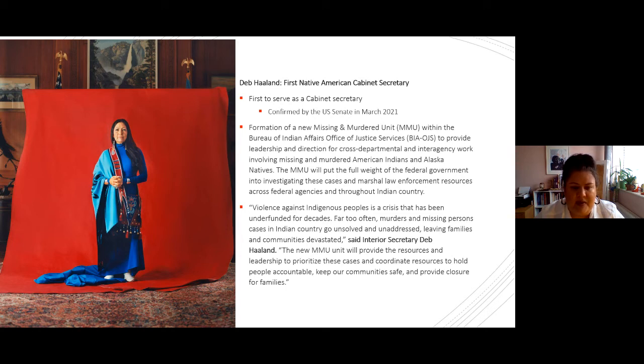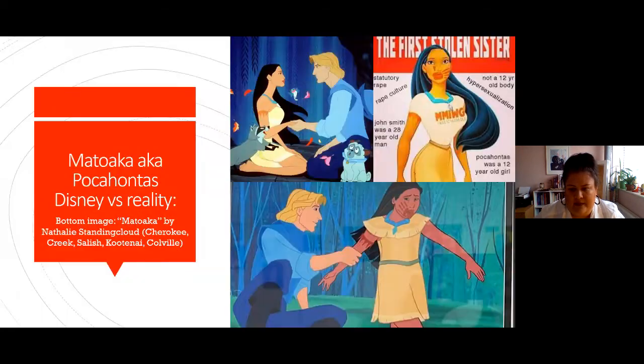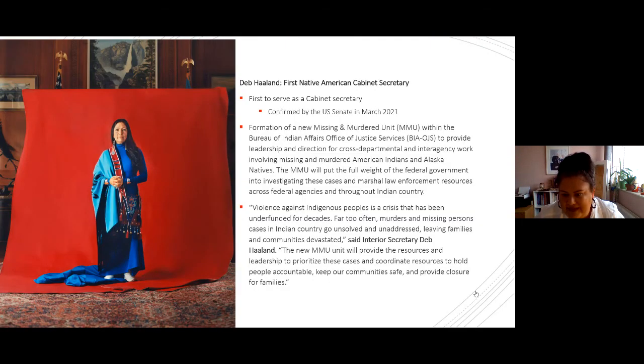So this new MMU will provide the resources and leadership to prioritize these cases and coordinate resources to hold people accountable, keep our community safe, and provide, sorry, the screen's in the way, I can't read that last bit, but you get what I'm trying to say, provide closure to families.